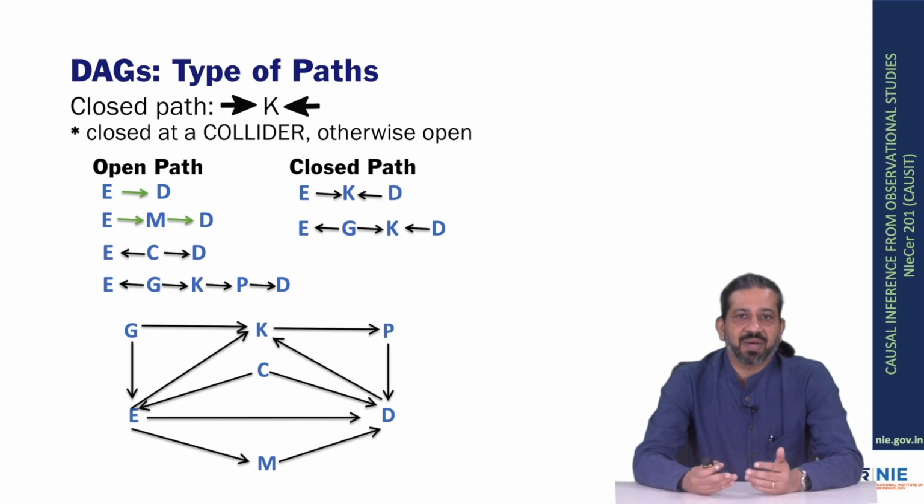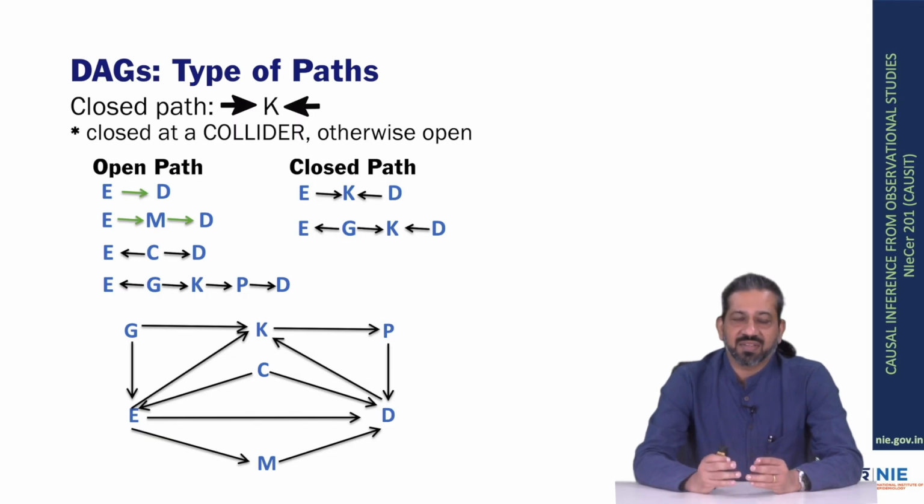We have another path which involves K, which is EGKD. Again, on this path, the common causes of K are G and D, right? And as you can see, the two arrows collide on K here. So again, K is a collider on the path EGKD.